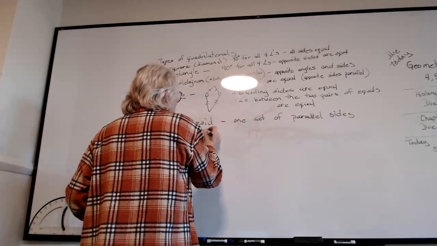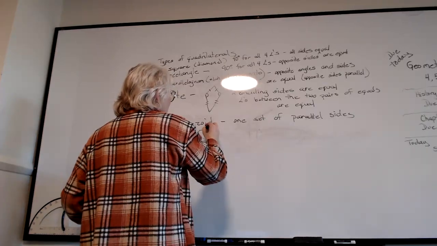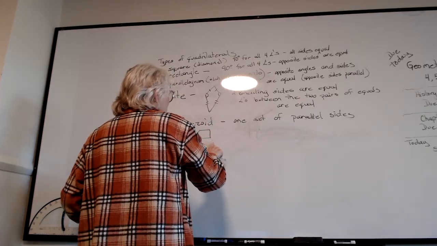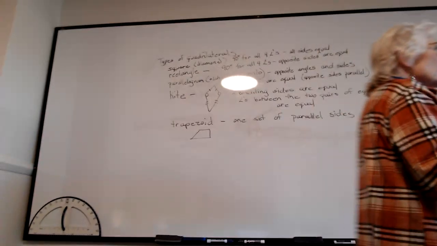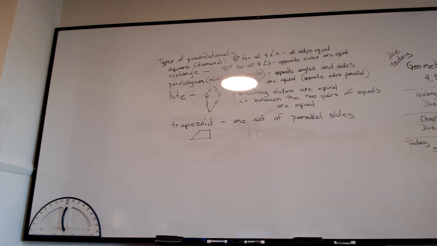It looks basically like this. As long as one pair is parallel, that's a trapezoid. It does not have any congruence on everything else, because the other lines don't have to be parallel to each other.